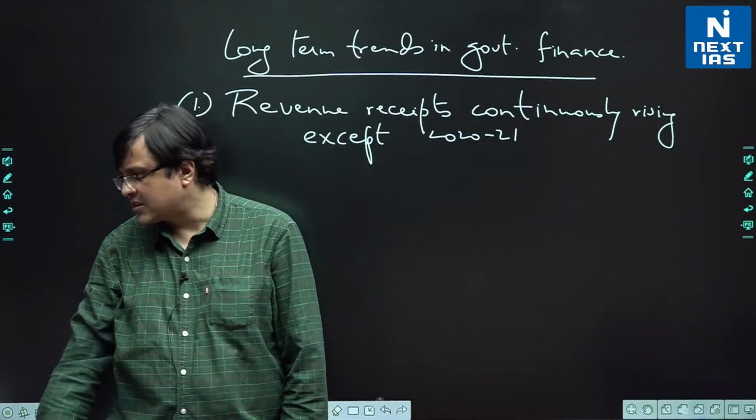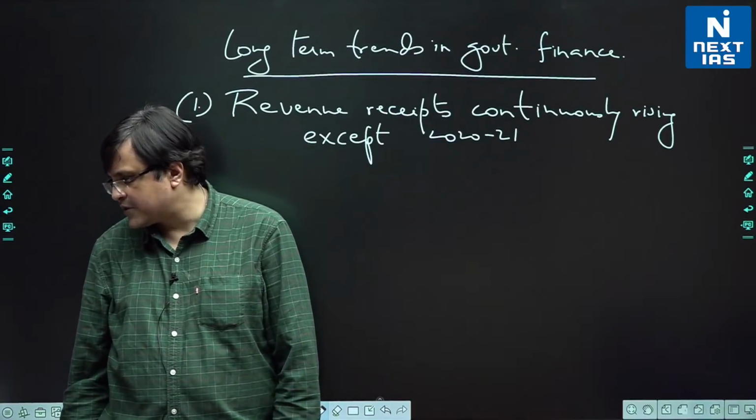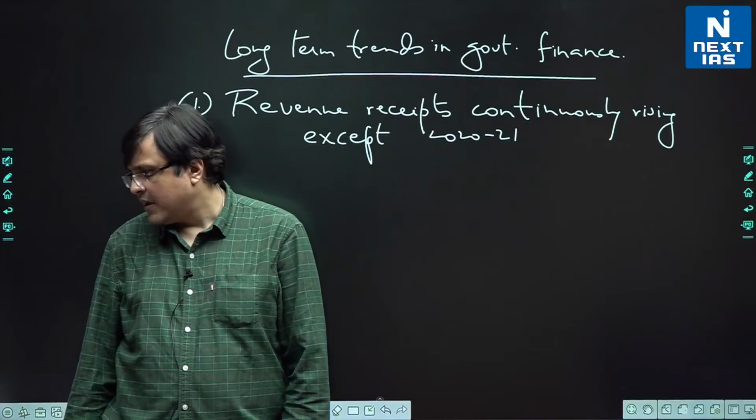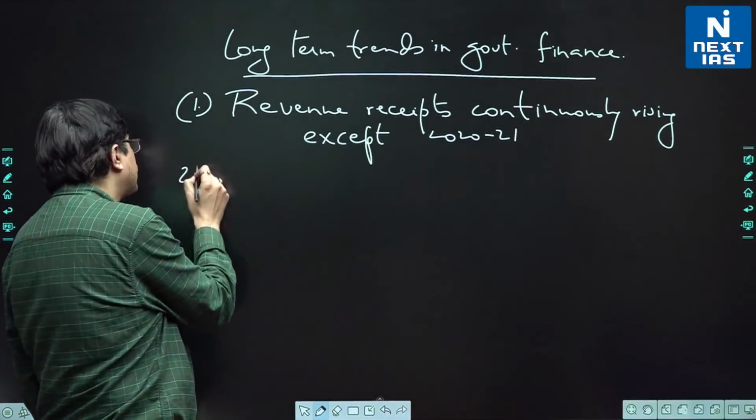The fall was not huge, there was a slight fall. And the tax revenue of the central government, in absolute terms, has continuously increased more or less or remained the same. In terms of percentage of GDP, it has fluctuated.